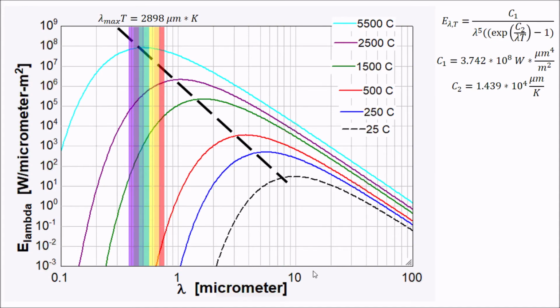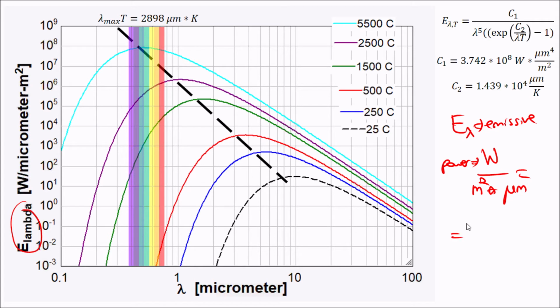And now we have come to the last and most important part of the thermal radiation, which is the emissive power, or E lambda. If you look at the unit of it, you can understand what the emissive power is. It is watt per meter square multiplied with micrometer.